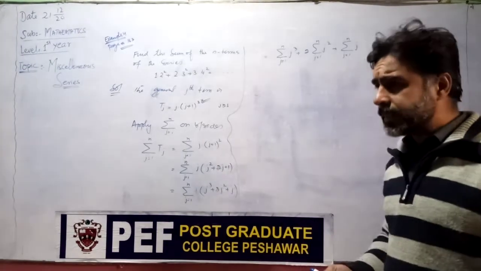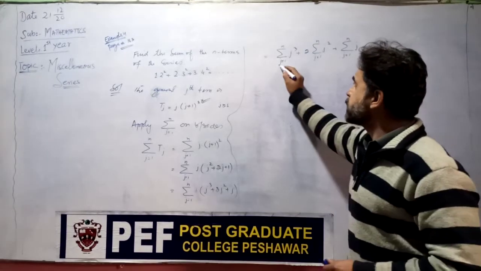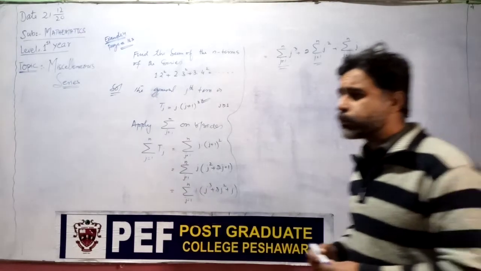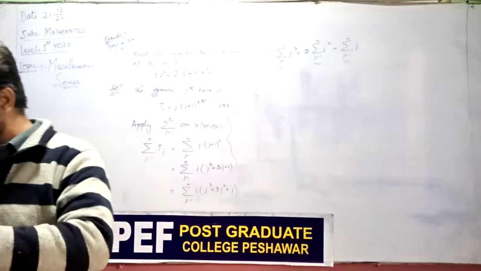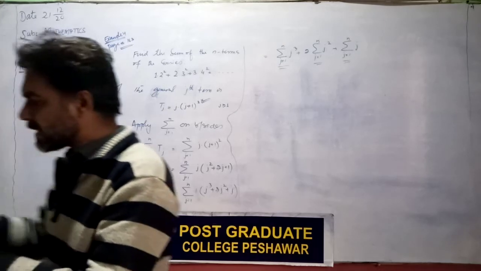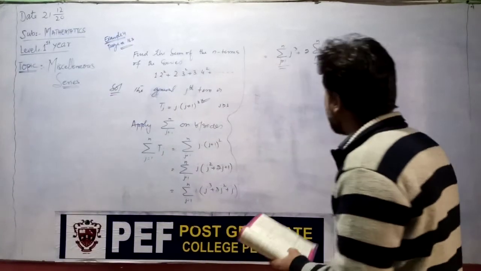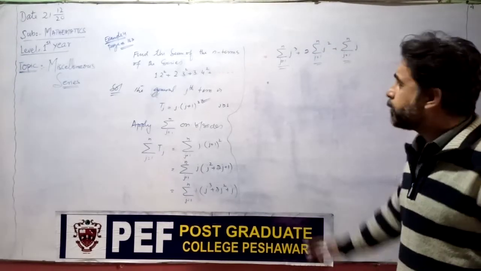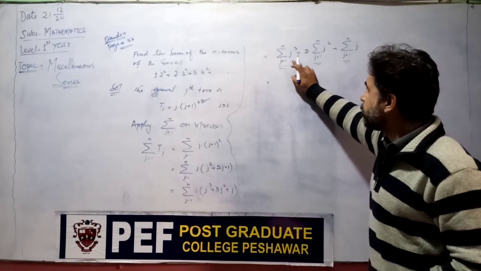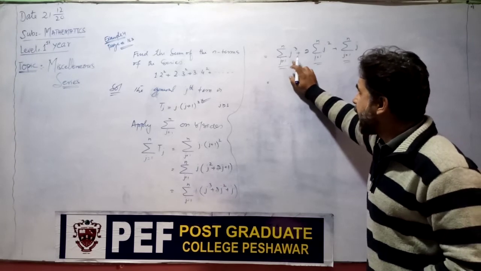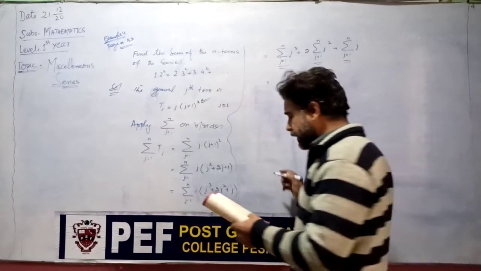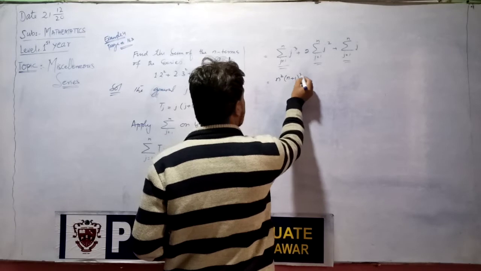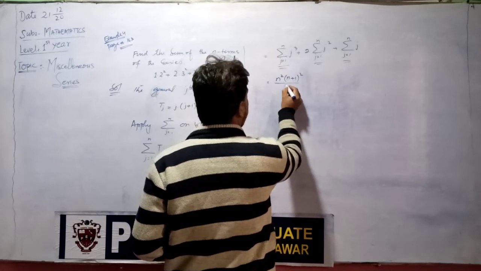I have already developed these summation formulas, and now we are going to just utilize them. I have calculated the formula for the summation of cubes of the first n natural numbers, and you know that the formula is n squared times (n plus 1) whole squared divided by 4.